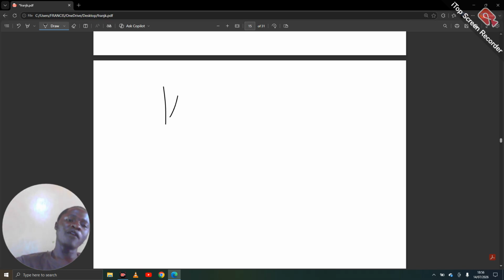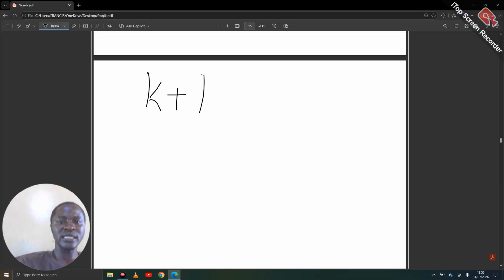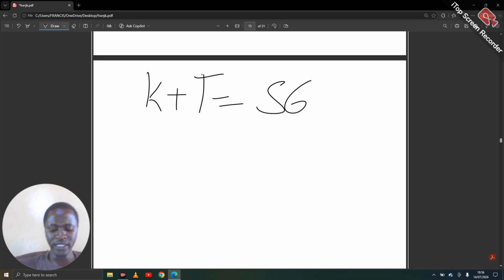The sum of k and t is equal to 56. Give an expression of the sum of the squares in terms of t.